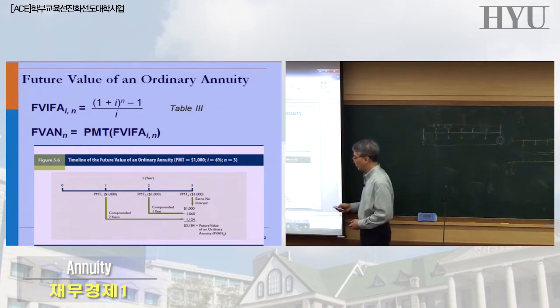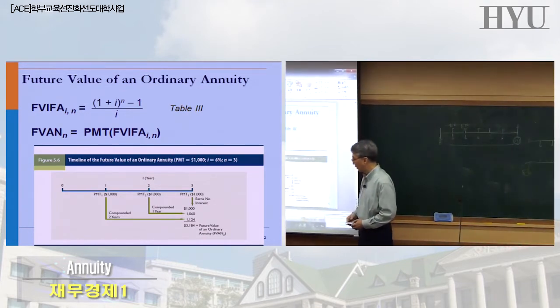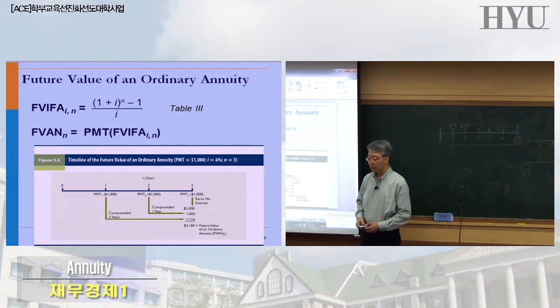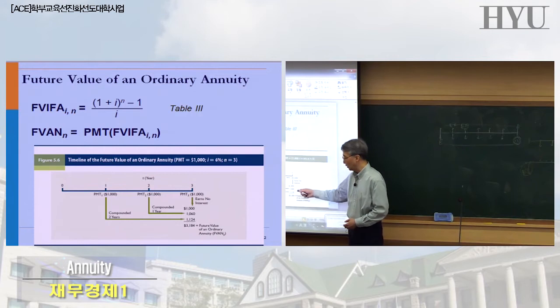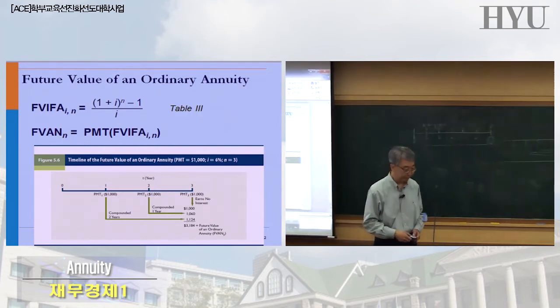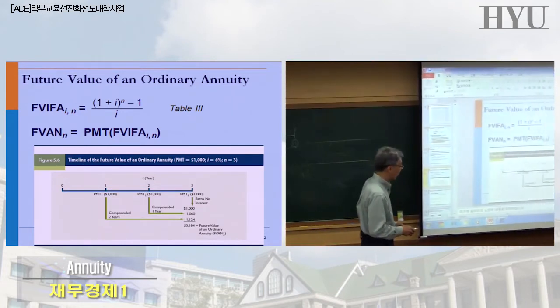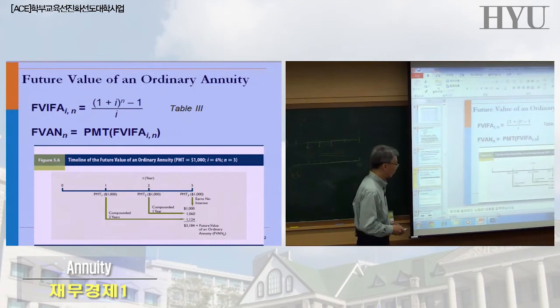And here, the second payment of 1,000 earns interest for only 1 year, 6% for 1 year, so that's obviously $1,060. The last payment does not earn any interest, because as soon as you make the deposit, that's the end of the annuity and you withdraw. So when you add them up, the total value comes out to be $3,184.